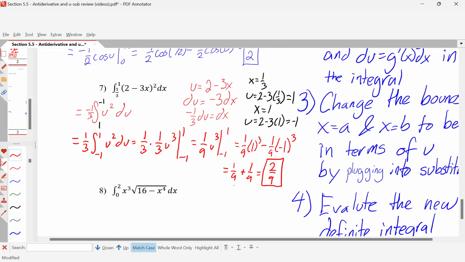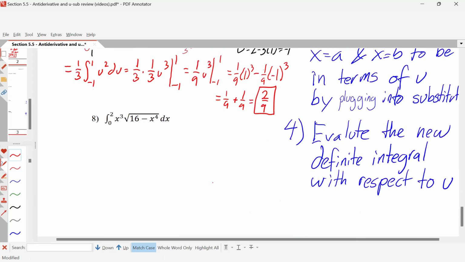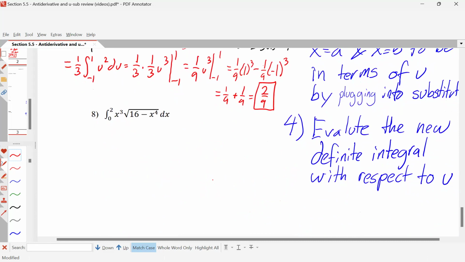All right, now our fourth example is this integral from 0 to 2 of x cubed times the square root of 16 minus x to the fourth dx. I'm going to take this inner function to be u, and knowing our derivative rules, the derivative of x to the fourth is 4x cubed.